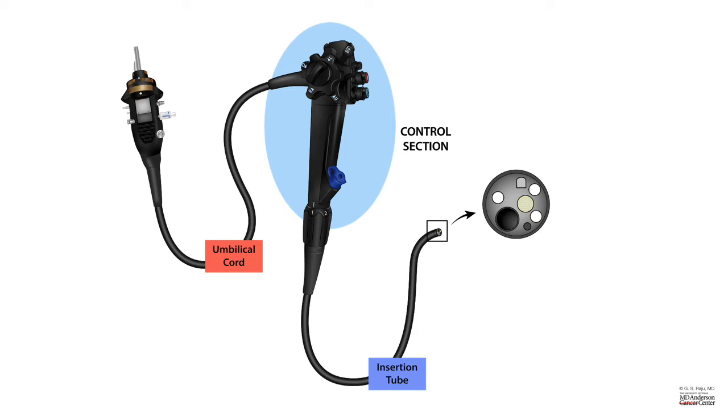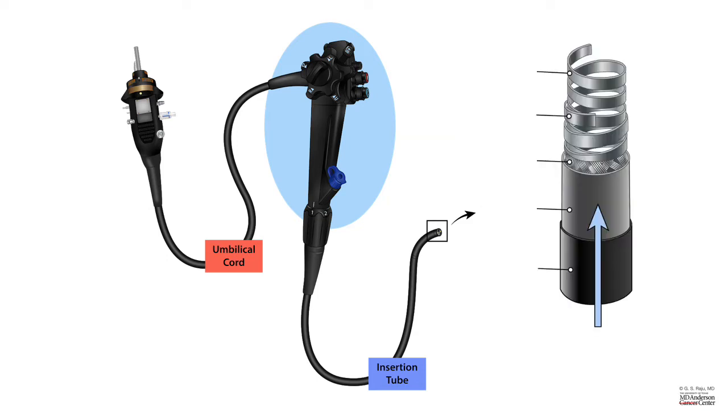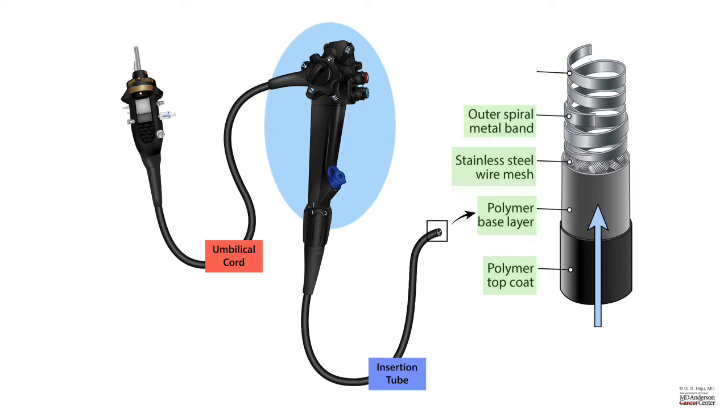The insertion tube is quite complex. Let us review the structure of an insertion tube from outside to inside. It has an outer polymer coat, a base layer, stainless steel wire mesh, outer spiral metal band, and inner spiral metal band.